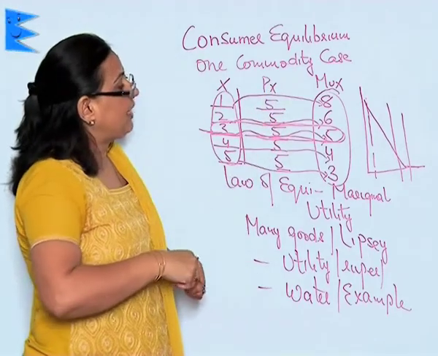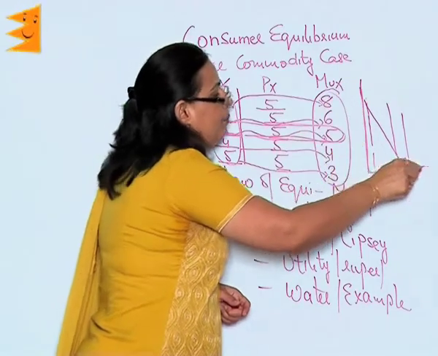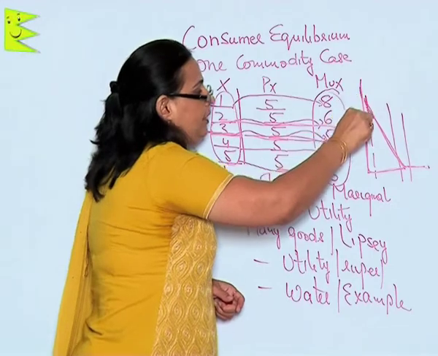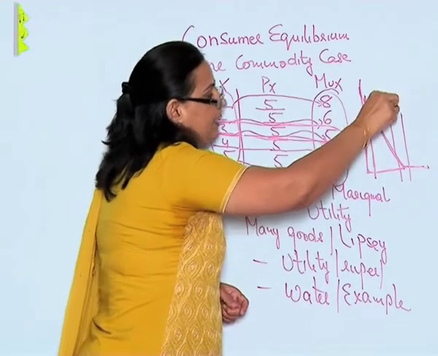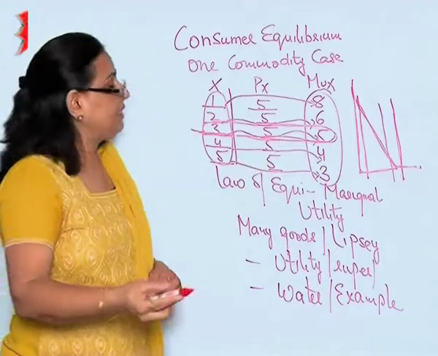If I have to illustrate this graphically, supposing this is the point and this is my marginal utility, and if it is on this side I am getting maximum satisfaction, on this side I am getting less satisfaction.